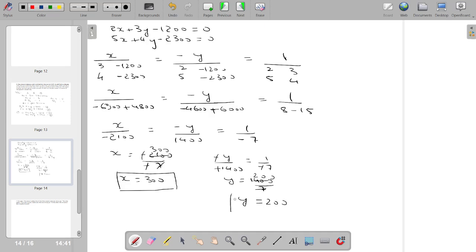So lot A has 300 bananas, lot B has 200 bananas. X is the number of bananas in lot A, Y is the number of bananas in lot B. So X is 300 and Y is 200. But what is the problem statement?